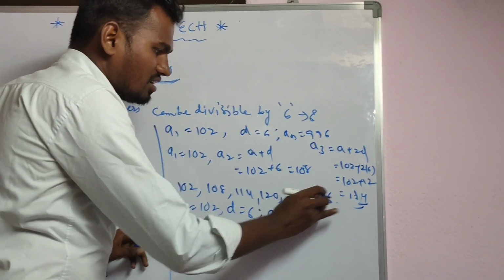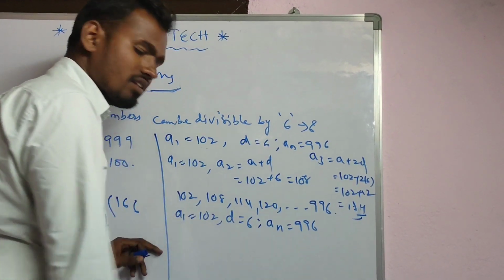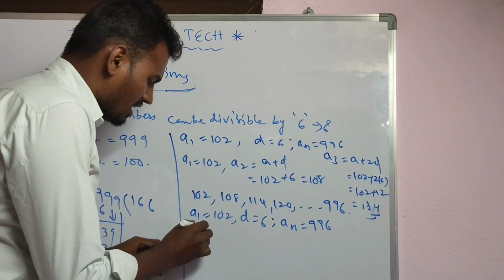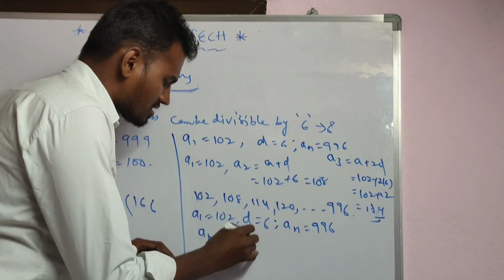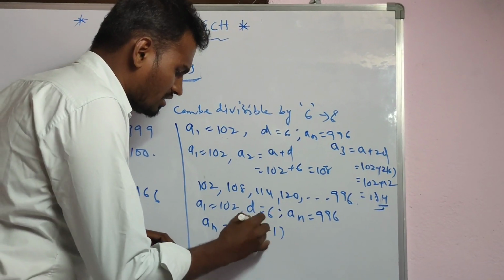an means 996. You know the formula already: an is equal to a plus of n minus 1 into d.